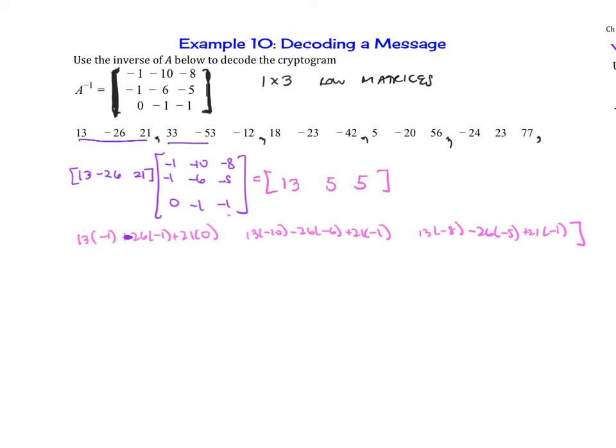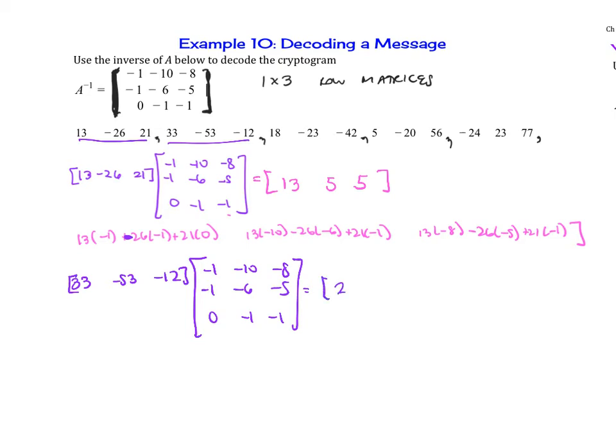So we finish with this group, then you do the next one. So 33, -53, -12. You multiply that by the inverse matrix, -1, -10, -8, -1, -6, -5, 0, -1, and -1. When you do that, just to give it to you, this is 20, 0, and 13. Of course, you have to do the work here to figure it out, multiplying the matrices.